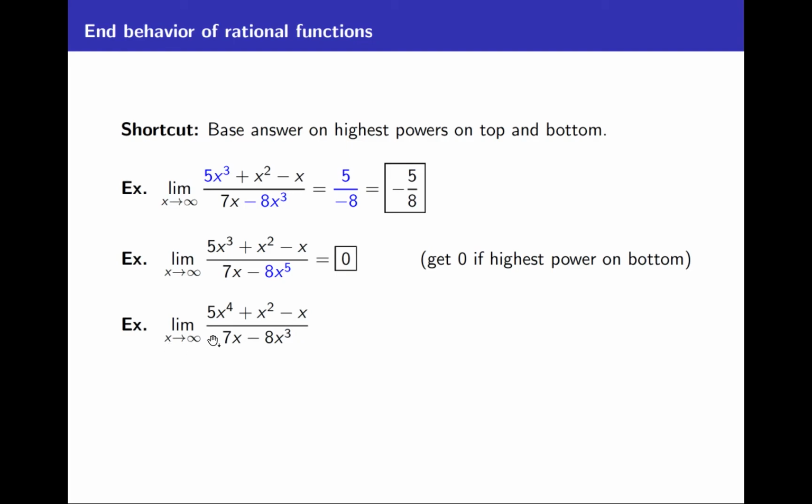Also, imagine you had the highest power of x, this time on the top, not the bottom. The highest power here is x to the fourth. So if we multiplied by 1 over x to the fourth divided by itself, then you'd have a 5 at the top, and then some reciprocals of powers of x here and here.